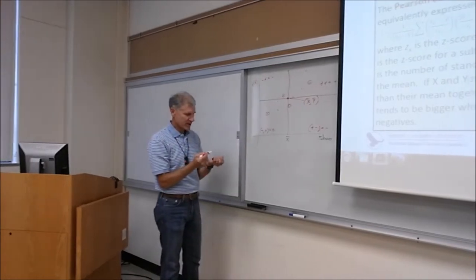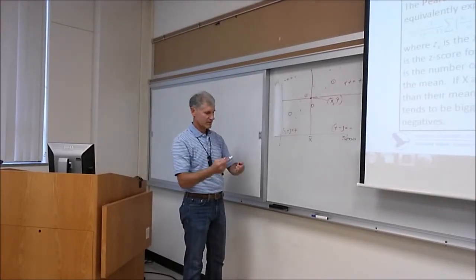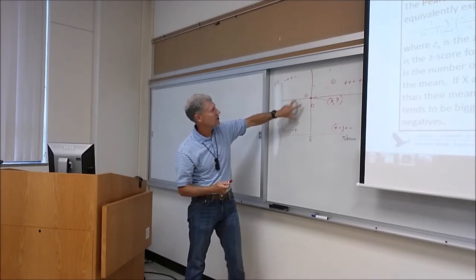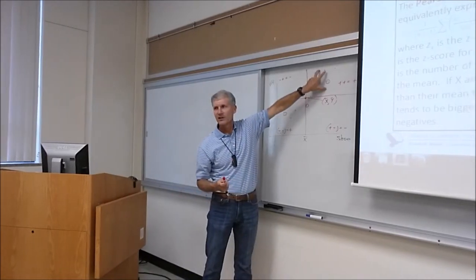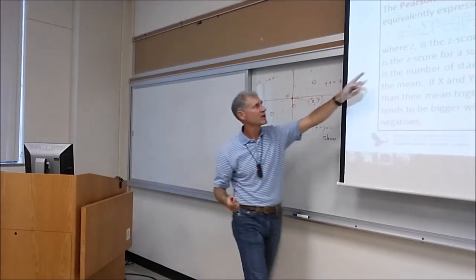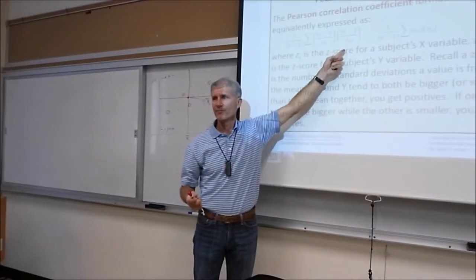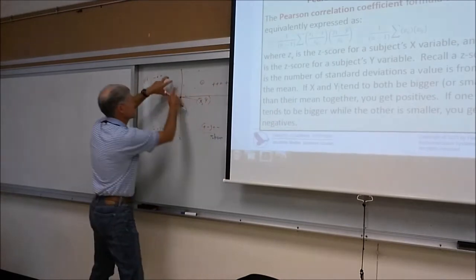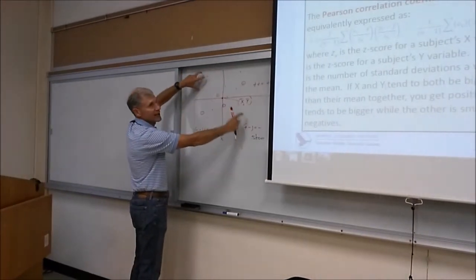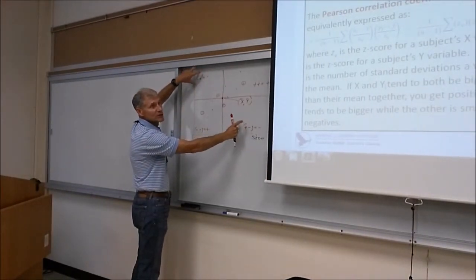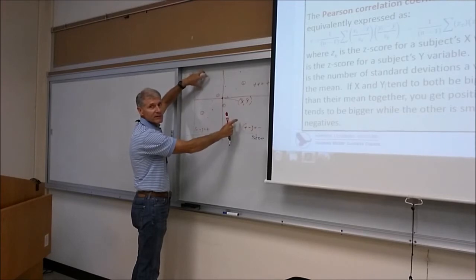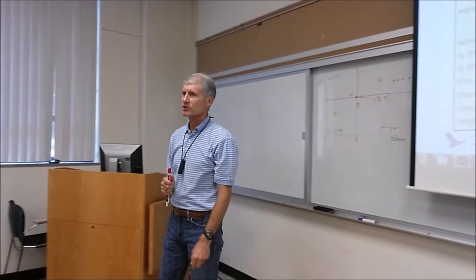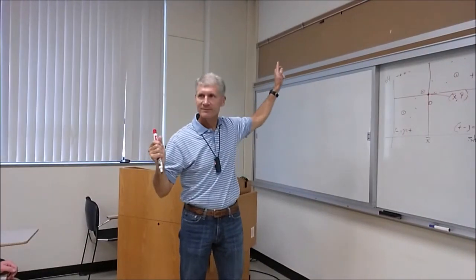So if you have points that are mostly in this quadrant and this quadrant, you get mostly positives when you sum these products up. Right? If you have mostly points coming down through here, guess what happens? Mostly negatives. Right? What happens if I stand at the back of the room and I shoot my shotgun? Boom!